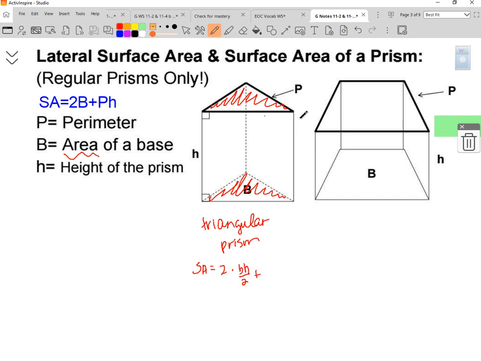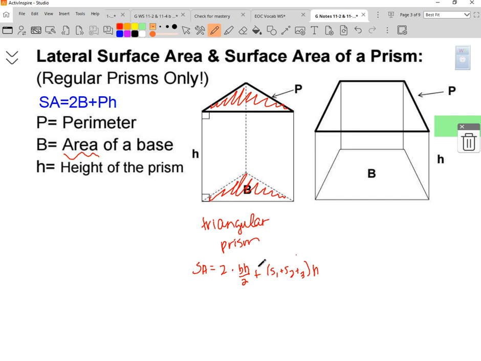Well, the perimeter of a triangle is the sum of its sides. So it's side 1 plus side 2 plus side 3. We can't do 3s, just in case they're not all the same length, times the height.